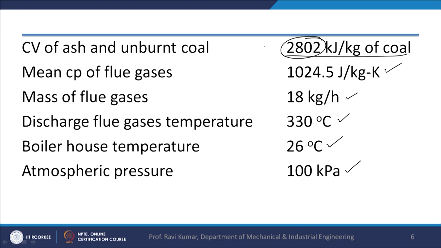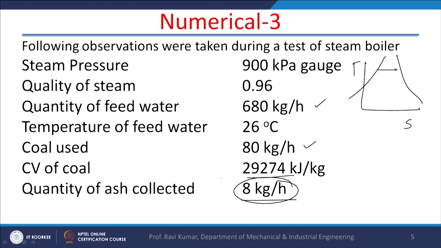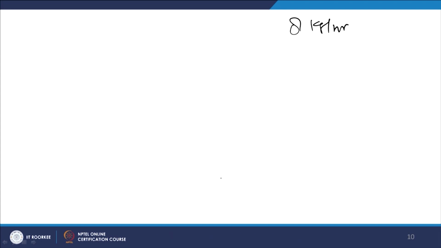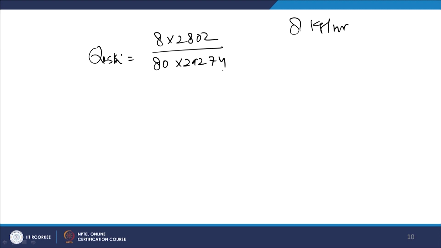So the heat going with the ash is 8 into 2802 divided by 80 into 29274, because 80 kg of fuel is burned per hour, multiplied by 100. This gives 0.957%, approximately 1% of the heat generated, which is taken away by the ash.